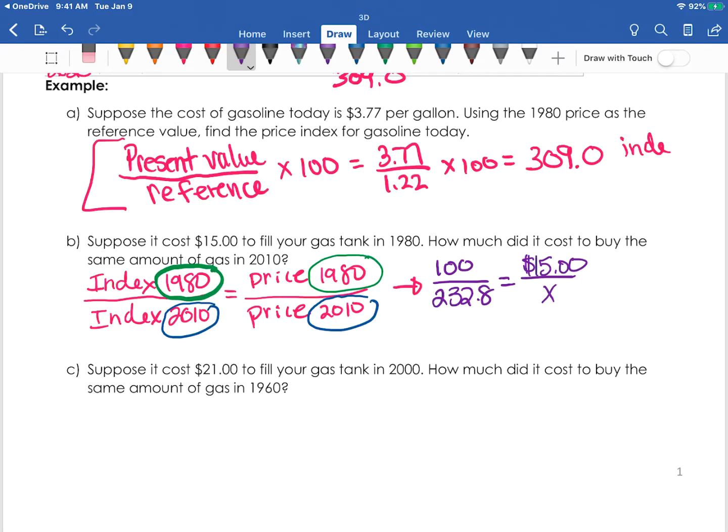We have some ratios, and when we set up an equation like this, we're going to use cross multiplication to figure out what X is. I'm going to take 100 times X, and that's going to be equal to 232.8 times 15.